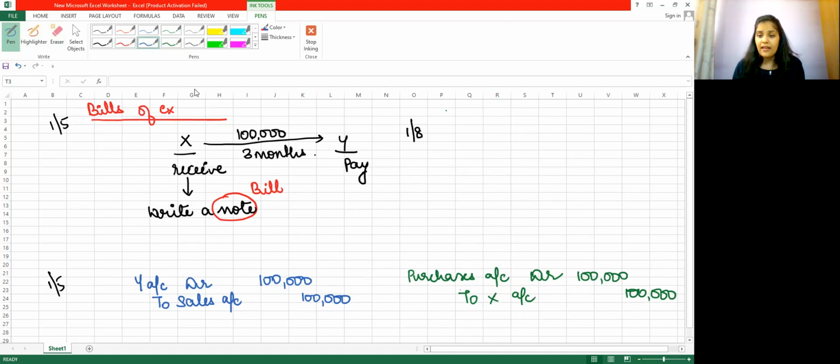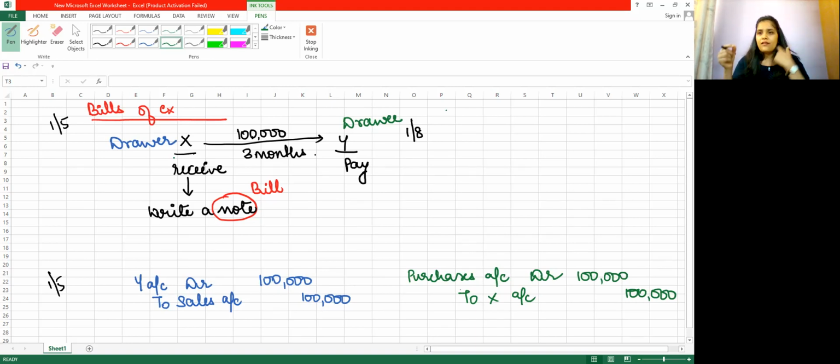Okay. Now, since Mr. X is writing, can I say he will be called as the drawer of the bill, because he is the one who is writing, and the other party will be called as drawee of the bill. Now, so Mr. X draws a bill on Mr. Y. So it's a piece of paper that the bill is drawn.